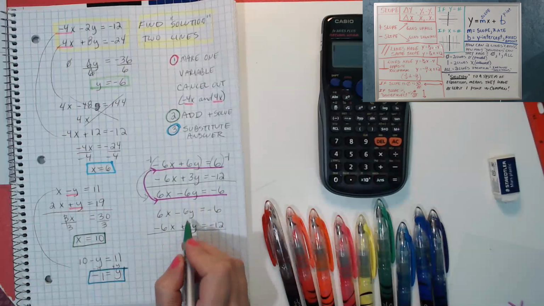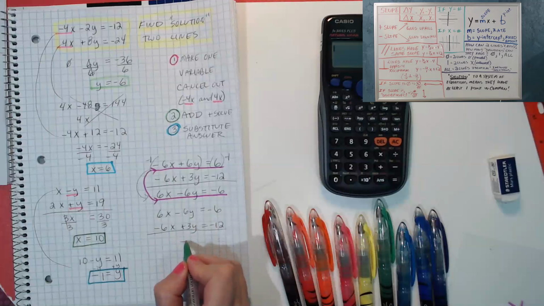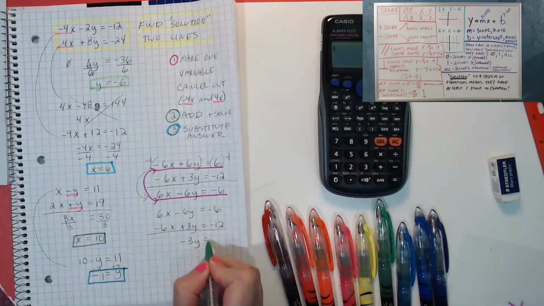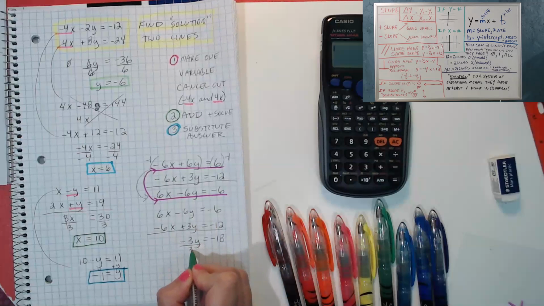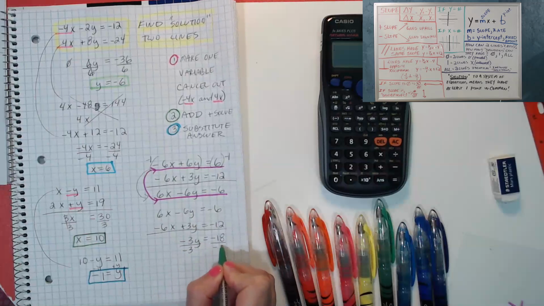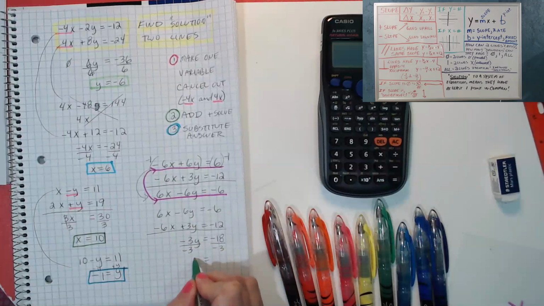Right. Okay, so then here, I'm left with -3y equals -18. Divide both by -3, and y is 6.